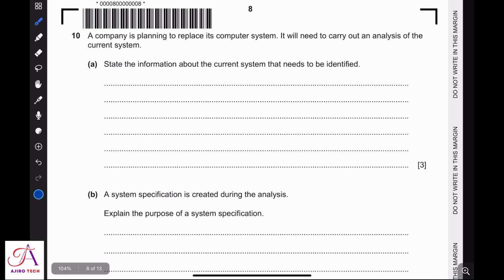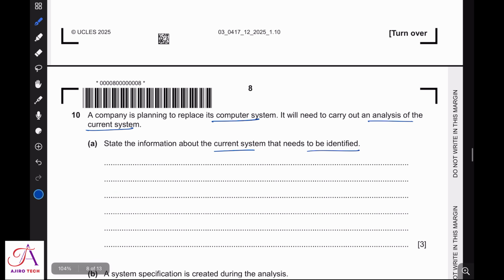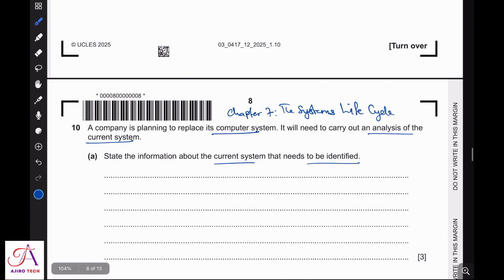A company is planning to replace its computer system. It would need to carry out analysis of the current system. Okay, so state the information about the current system that needs to be identified. So you see this in chapter 7, the system lifecycle, and then you see it under analysis.